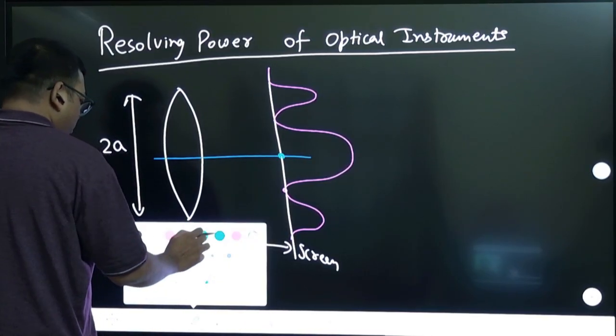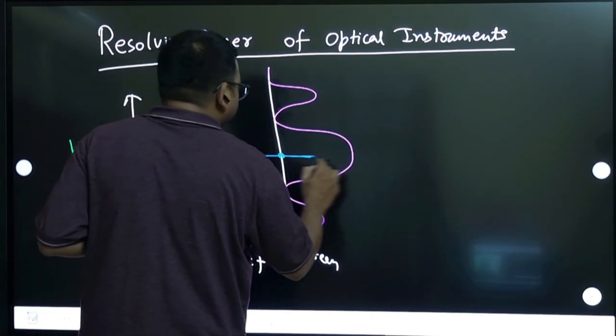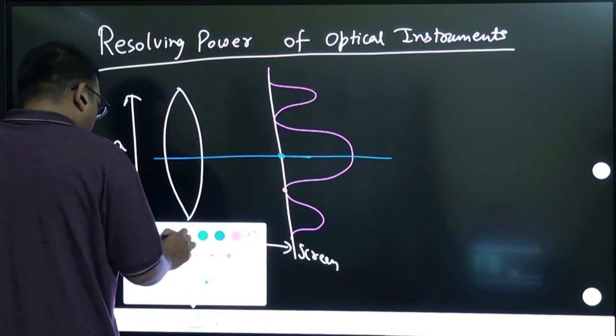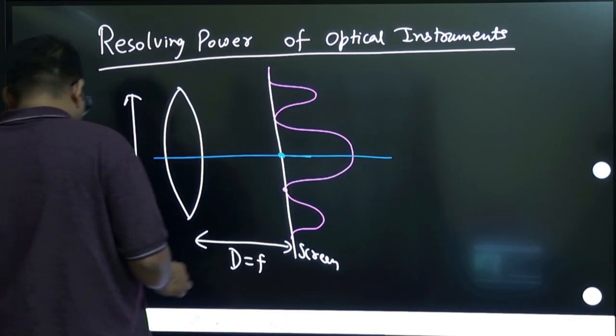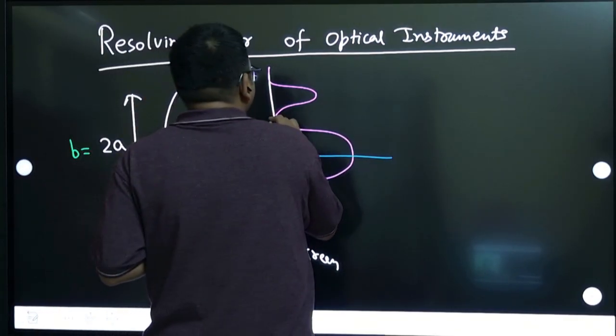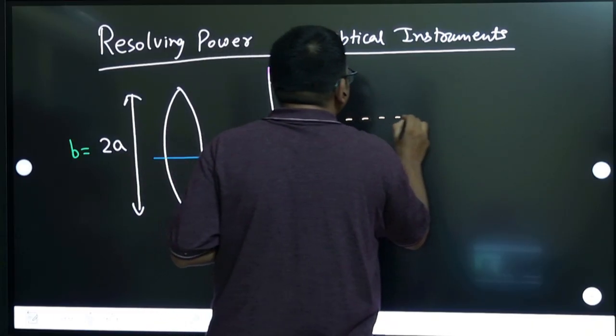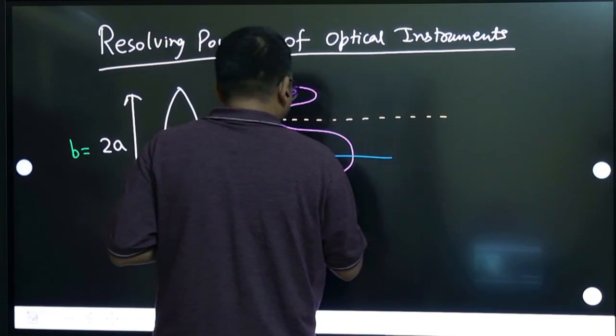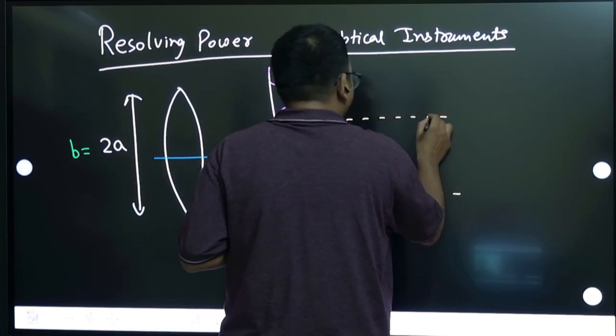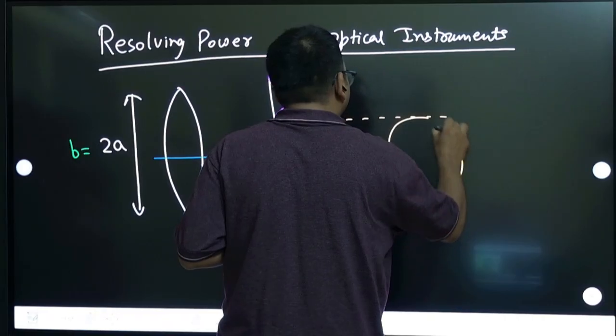Yesterday we discussed the radius of the bright spot. On the screen, there is a very nice diagram given in NCERT that looks like a bright spot like this.